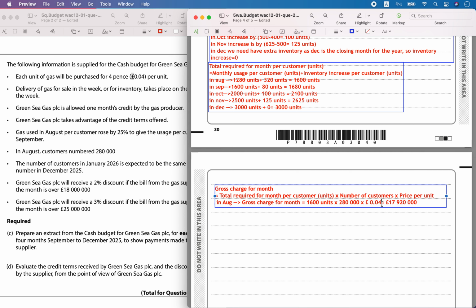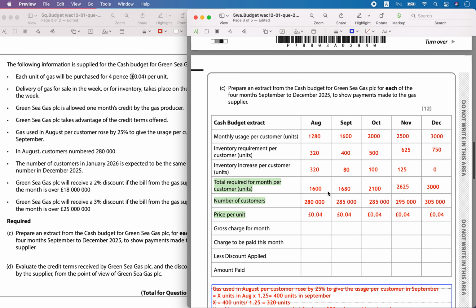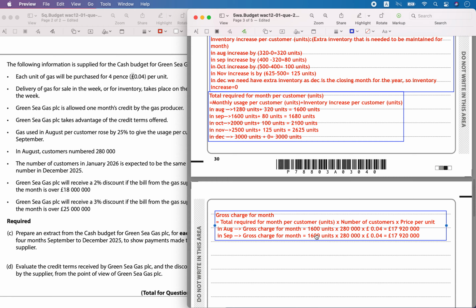So this is the amount that is paid by the entire 280,000 customers in the month of August. Now let's calculate for the month of September.